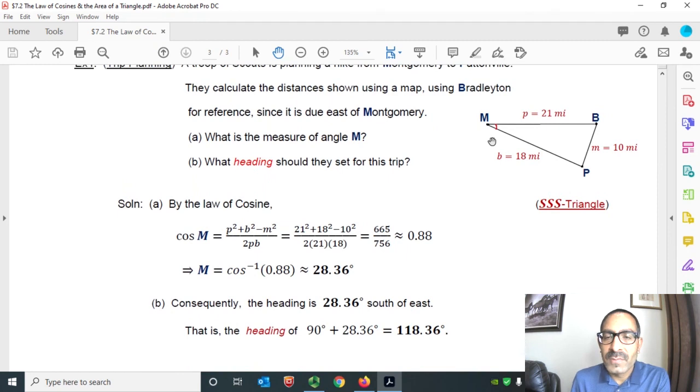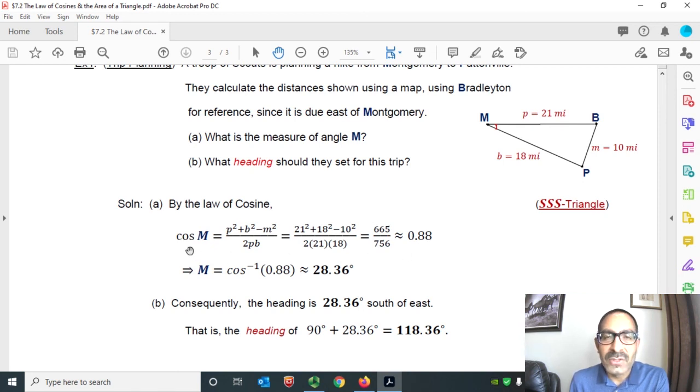So here, cosine M equals (P squared plus B squared minus M squared) over 2 times P times B. That's the formula. So here, P is given, B is given, M is given. So plug in the values and simplify. It turns out that cosine M is approximately 0.88.